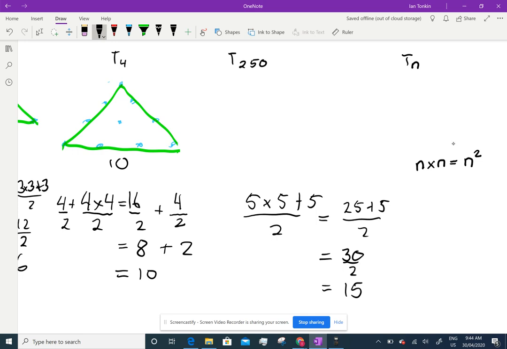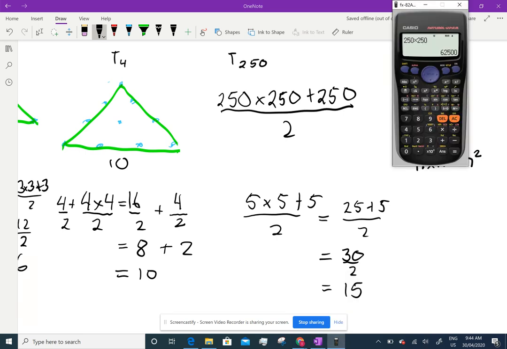Well, let's do 250. 250 times 250 plus 250 over 2. So we've already got 250, and I'll just add the 250.